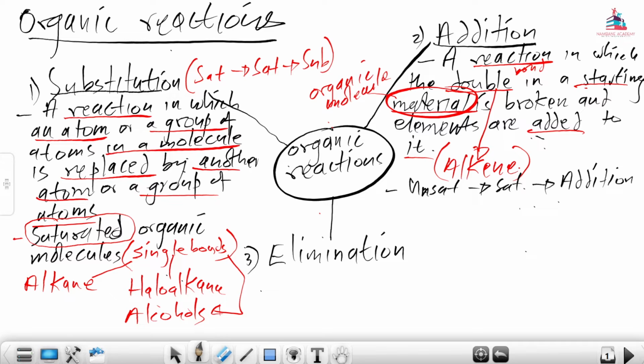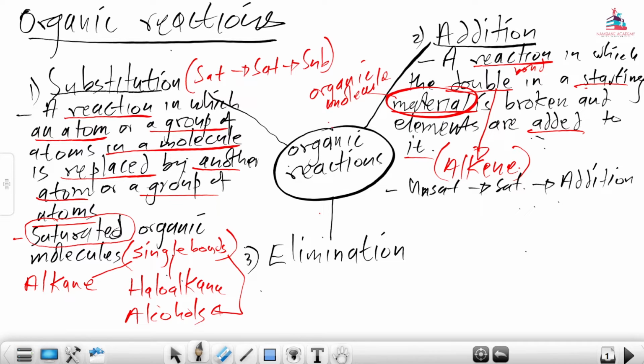So once I see an alkene, the chances are that organic molecule will undergo an addition reaction. Clear? I believe so. When we get into explaining each one of them, we will explain the different types of reactions that we have.